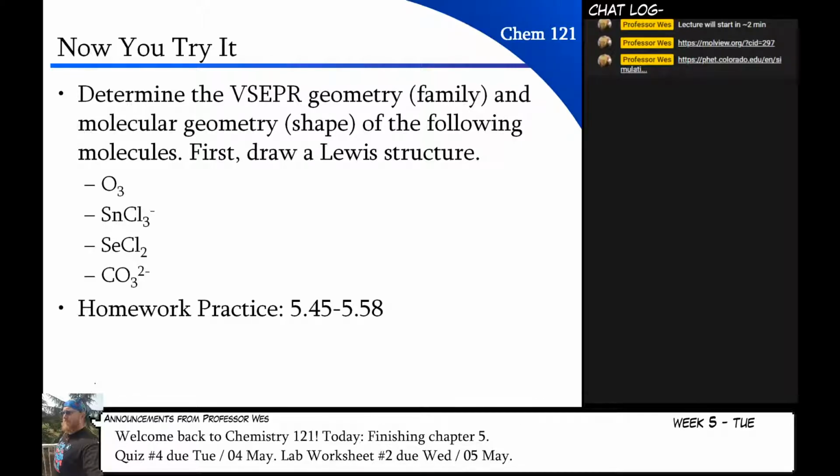Okay, I'm going to give you about 5 or 6 minutes to do this. Type your answers in the chat when you've got any, and we'll go over the answers when I get back.